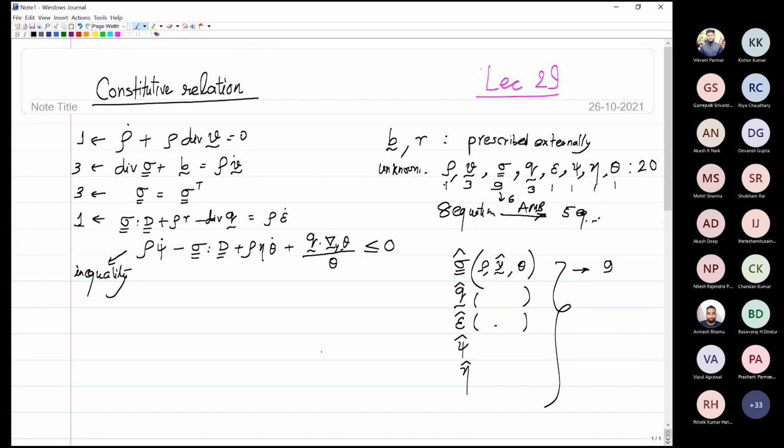Similarly, this 9 will go to 6 if we have already assumed symmetry of the stress tensor. Then here we have 3, here we have 1, 1, 1, and finally the number of unknowns will be the same as the number of equations.